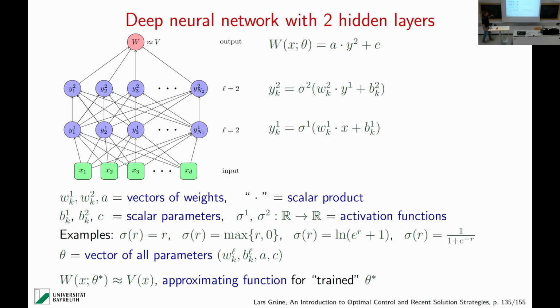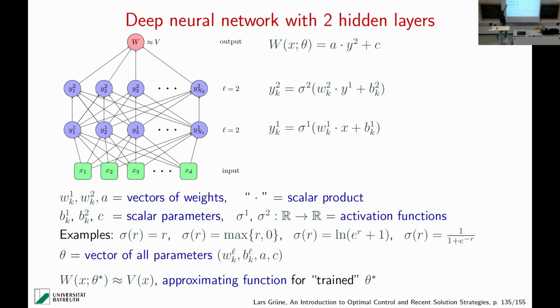What happens inside? We have here, in this case, two so-called hidden layers. In the first hidden layer, we take the input, multiply it with the weight vector. This is the scalar product here, the dot. Add some bias term, plug this into a nonlinear function, and the weights here depend on k. So each of these hidden neurons, as they are called, has a different set of weights.